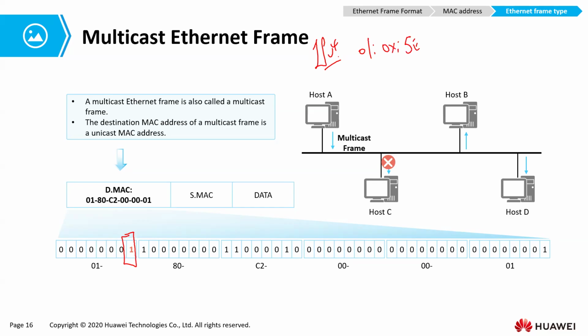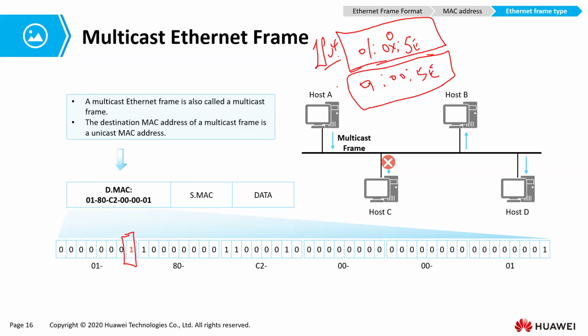It should be 01, 00, 5E, the multicast prefix if it's IPv4. If you see this, it basically means that's a multicast prefix for an IPv4 address. We have multiple multicast addresses; IPv6 has its own prefix.